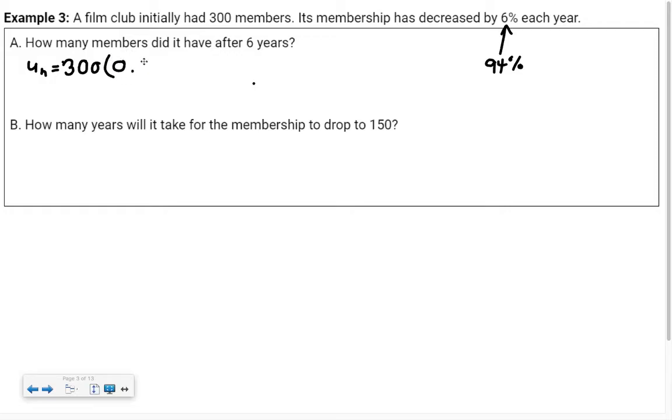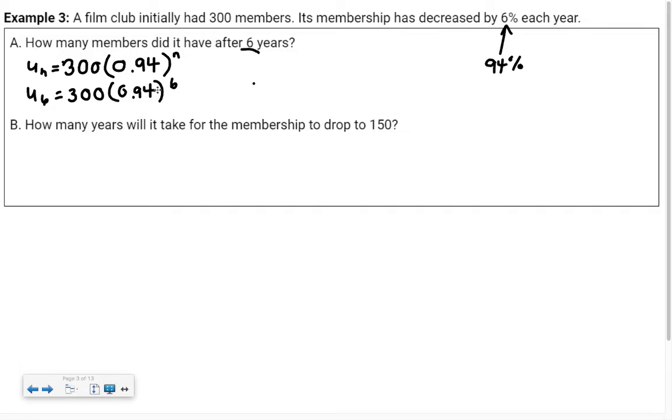We're going to put 0.94. So if it's decreasing by 6%, what we have left is 94% of that original membership to the power of n. And n in this case is going to be 6. So we're saying U6 equals 300 times 0.94 to the power of 6.